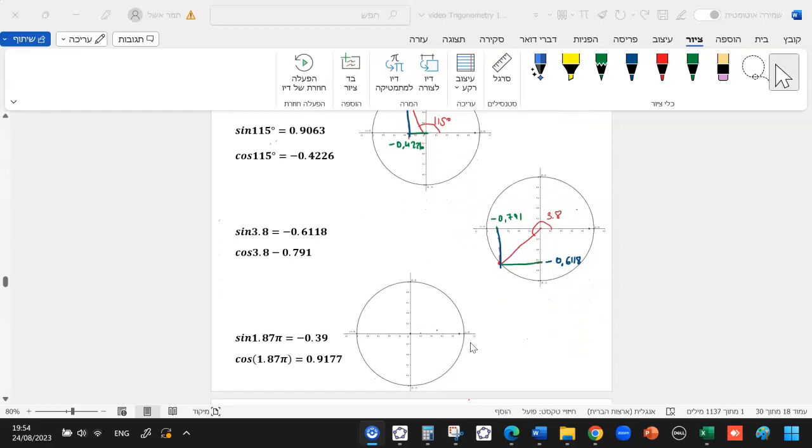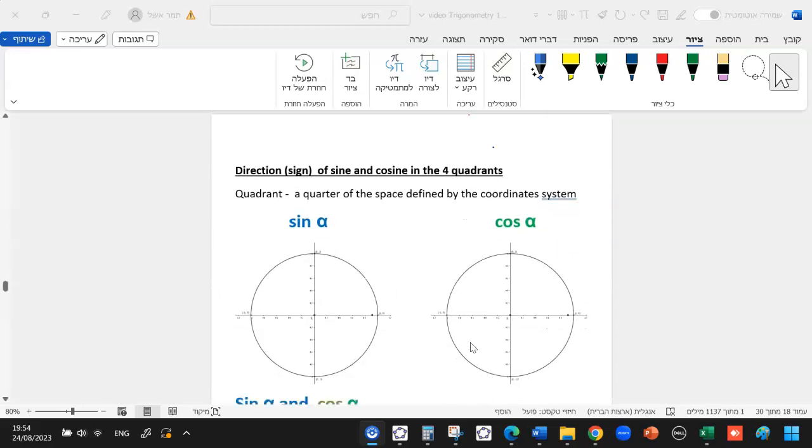Let's summarize the direction of sine alpha and cosine alpha all around the circle. So sine alpha is the y coordinate of the point that matches alpha. Y is positive here, and here in the first two quadrants, and negative in the third and fourth quadrants.